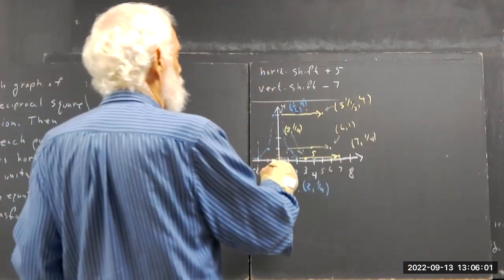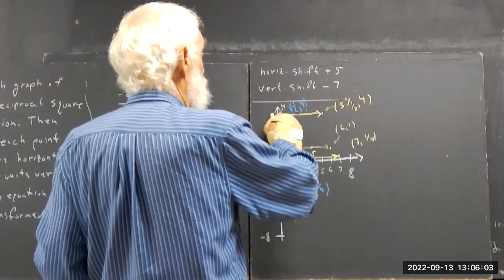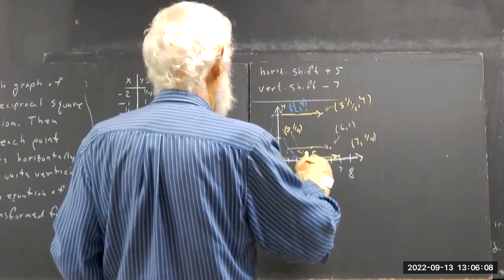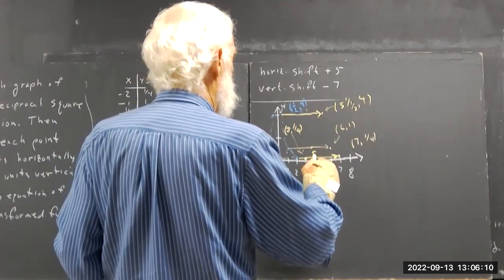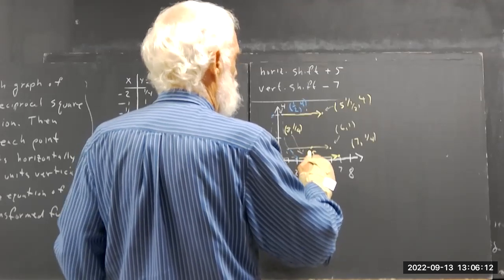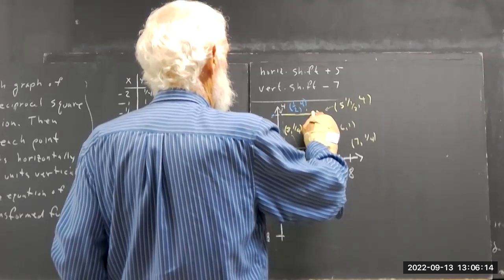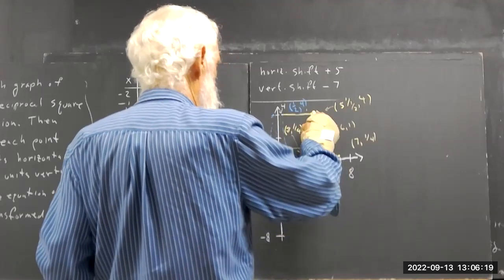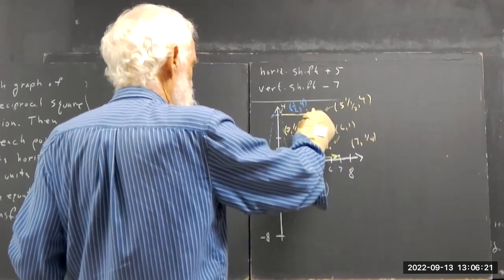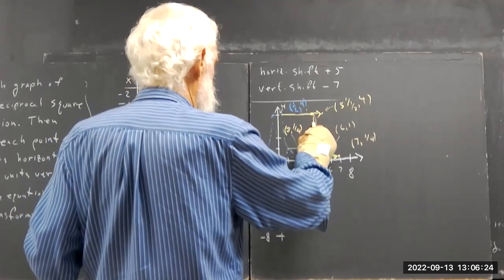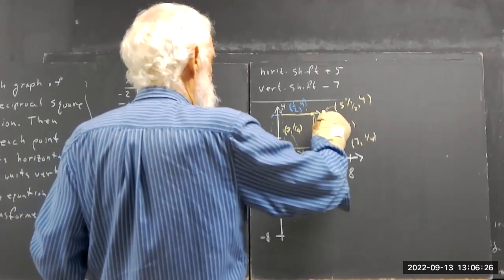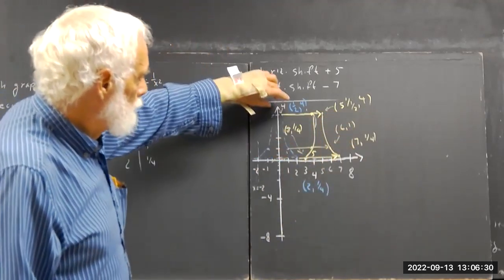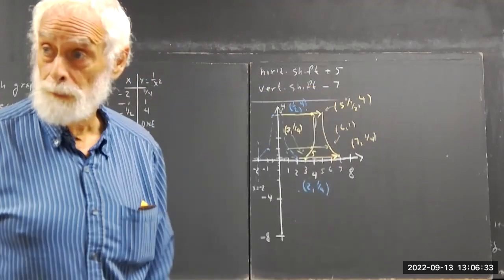Okay, so I move the point 1/2 4 over 5 units, and it gives me the point 4 1/2. So I've got a point right here, which is 4 1/2 4, but I'm not going to label. And so I can draw a curve here and a curve here.